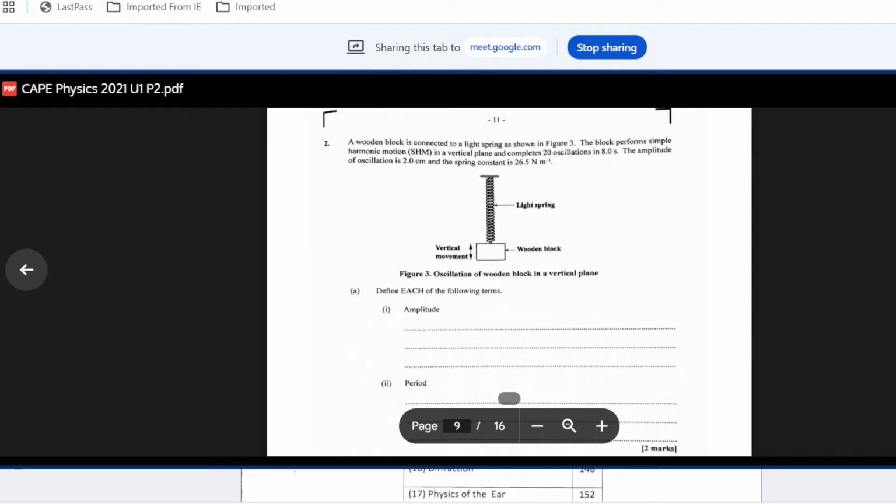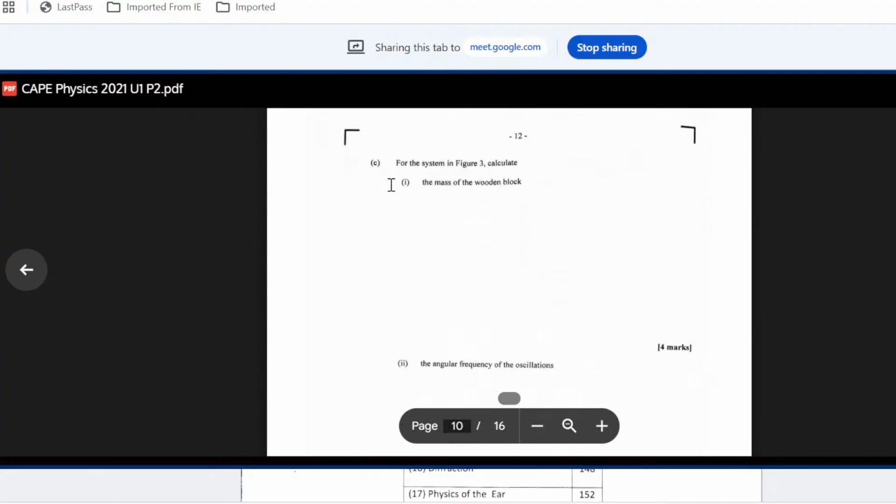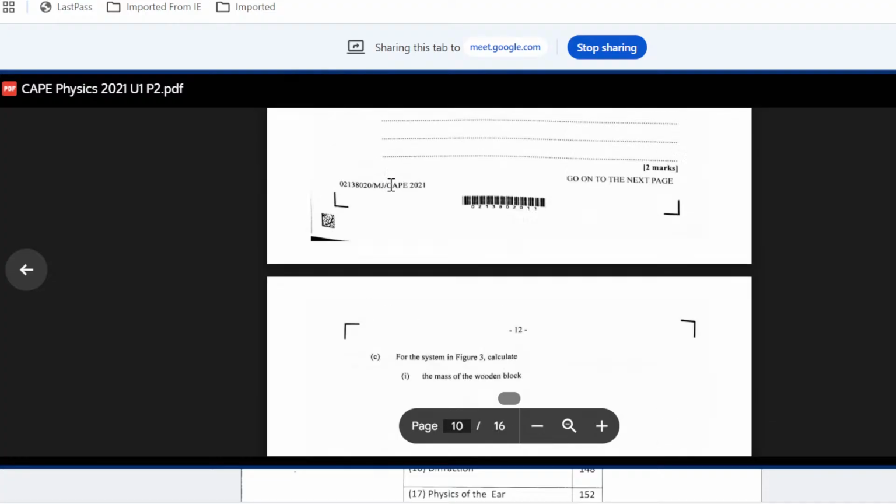So you are given 20 oscillations in 8 seconds, so we can use that information. We're given the spring constant. Let me go to the first question. For the system in figure 3, calculate the mass of the wooden block.